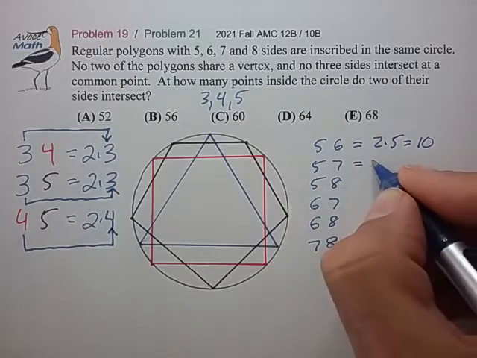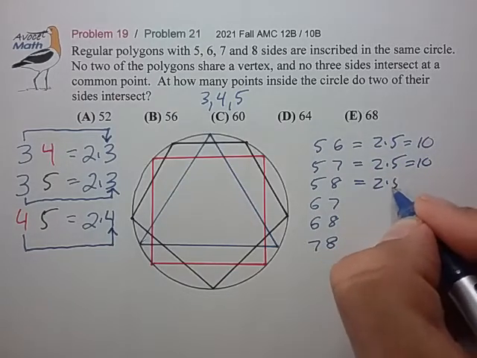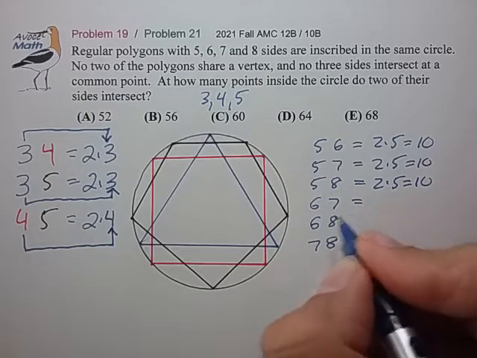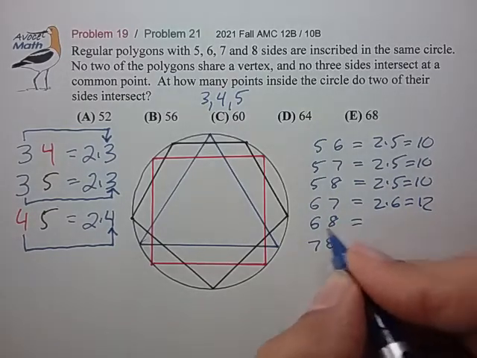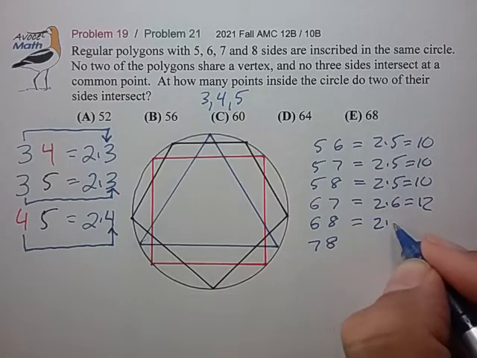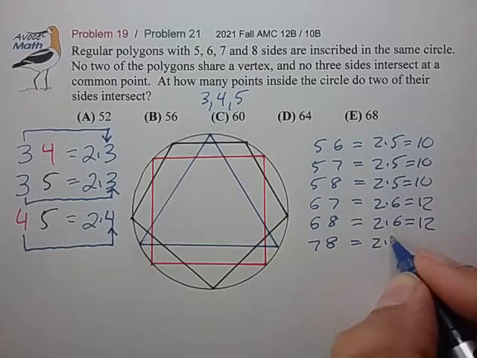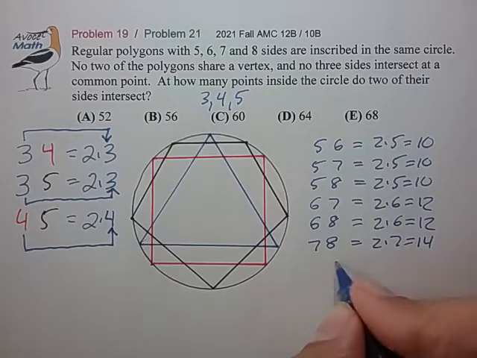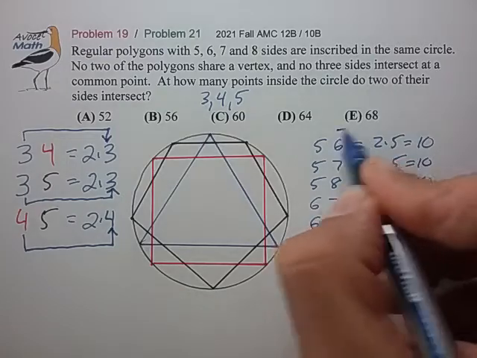In the second case, we'll also have 2 times 5, 10 intersection points. Now 6 times 2, 12. 6 is the lower number, 12. Now 7 is the lower sided figure, so that gives us 14 intersection points, and the sum total is 68 intersection points for choice E.